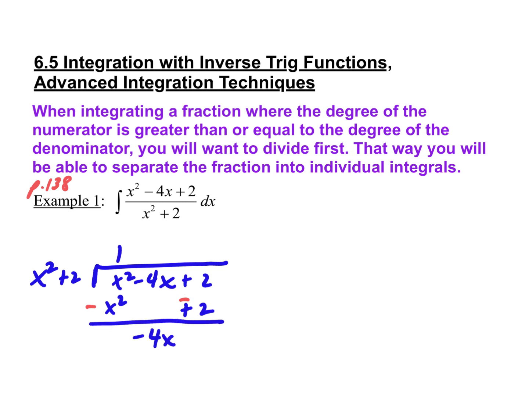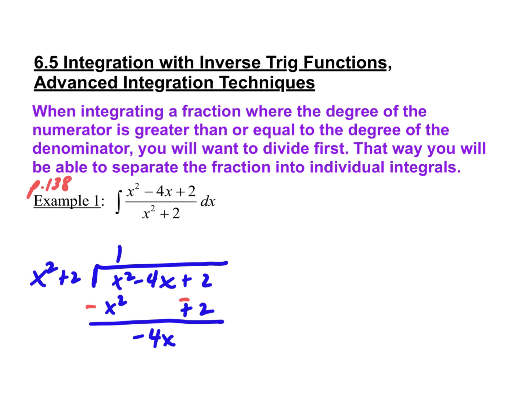Wait, hold on. Why do you got plus and minus 2? Well, when I do my multiplication, I get x squared plus 2, and then I have to subtract. After you multiply, then you always subtract. So can't you just make it minus? Why you got that? Yeah, I could, but I already had a plus sign there. You always subtract in the division algorithm.